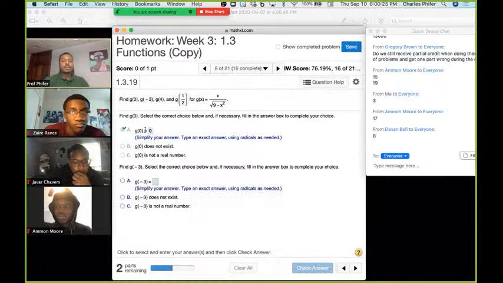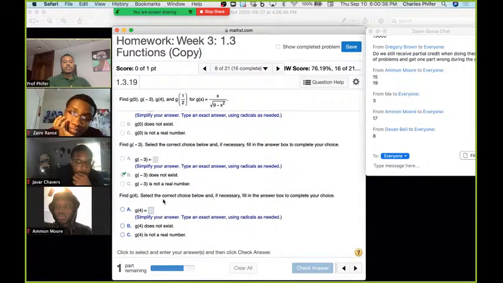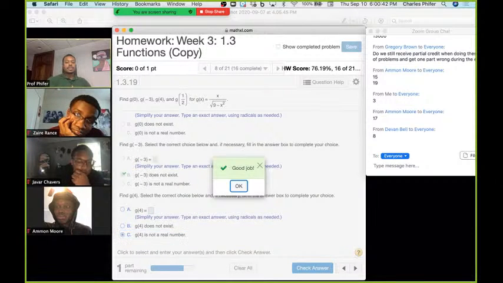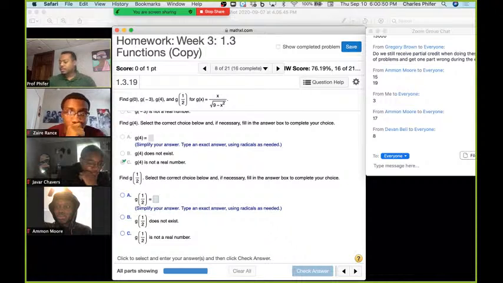Okay. If x is -3, and if x is 4. So I'm going to write out that last one.